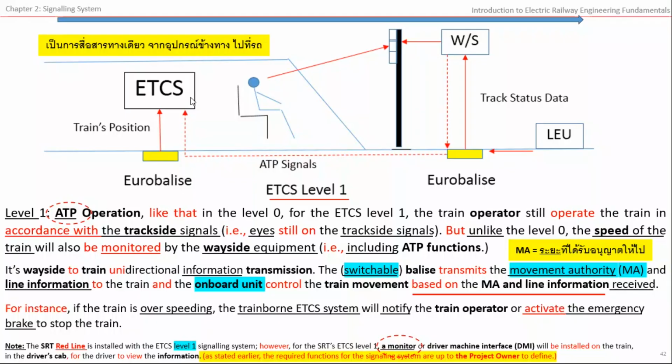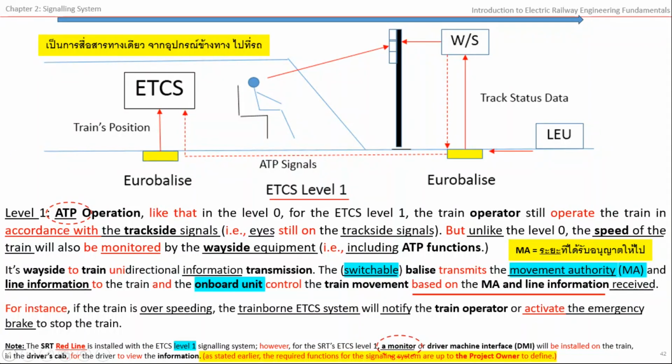But for level 1, the train operators still have to operate the train by themselves, but the trains will be controlled by the ATP system.